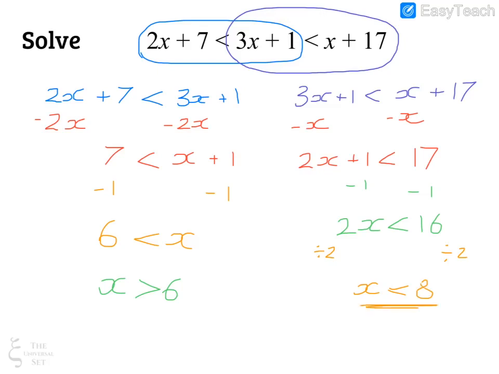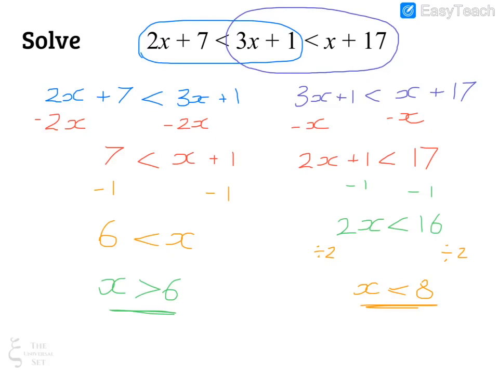So we've got our two different solutions here. From the left-hand side, we know x has got to be bigger than 6. From the right-hand side, we know x has to be less than 8. Now, there's not very many options there, is there? If it's got to be bigger than 6 and less than 8, it's got to be somewhere in between the two.